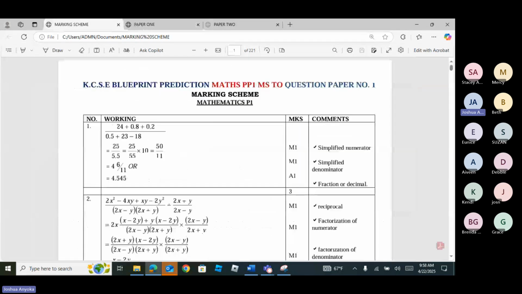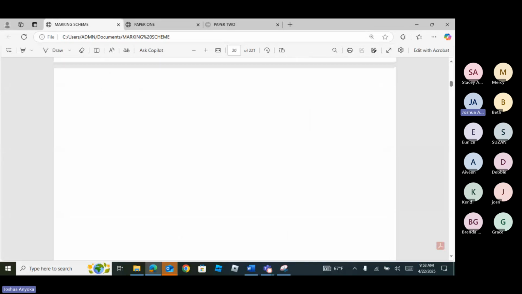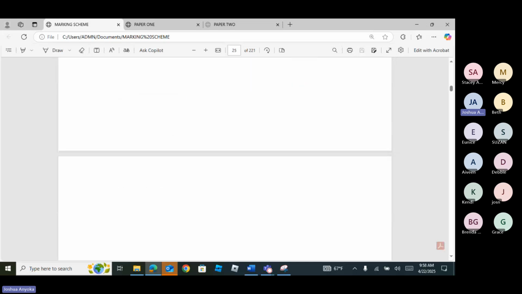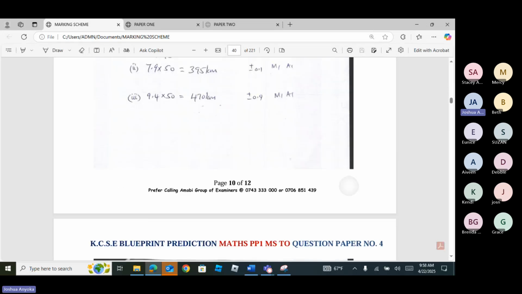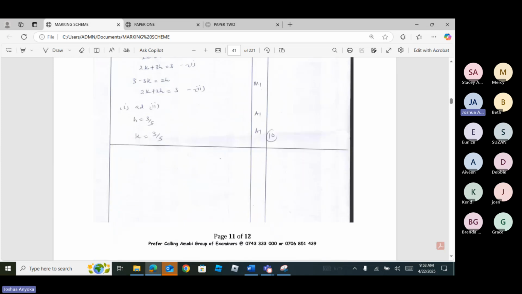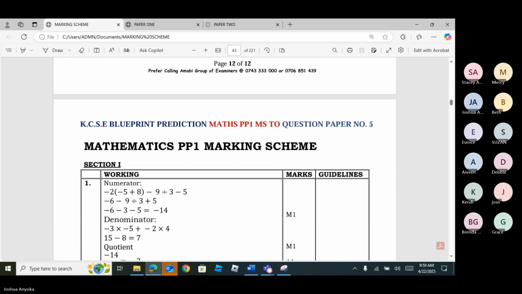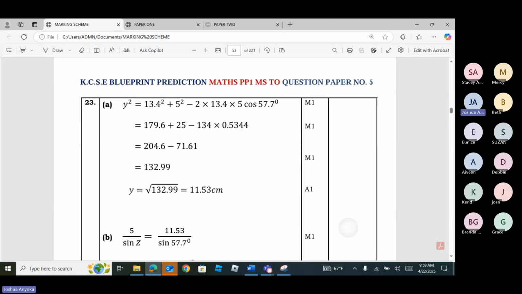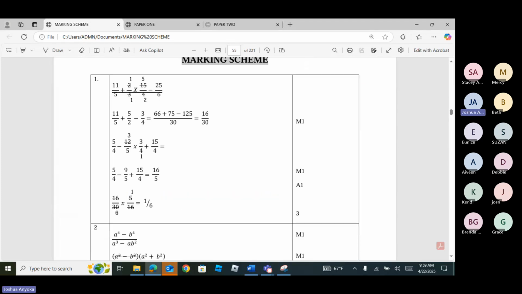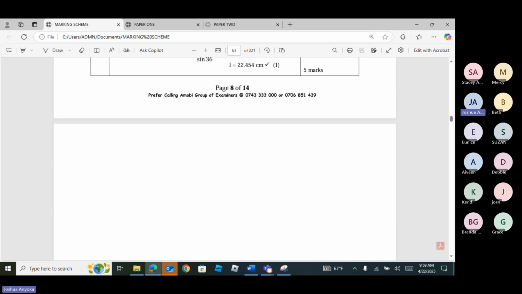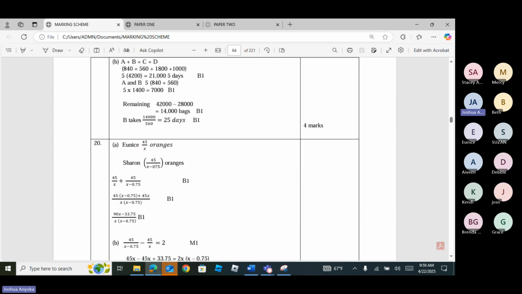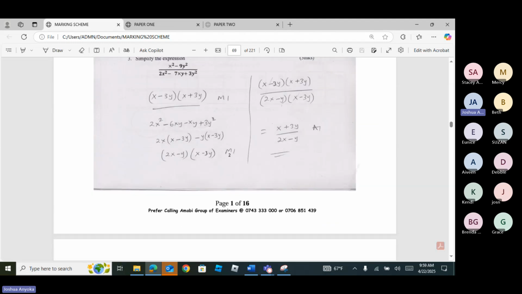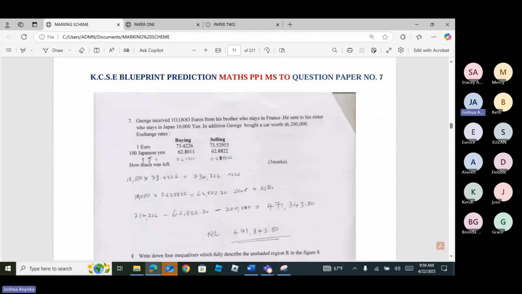Let me illustrate the answers so you can see your work. This is trial 6, trial 7, question 8.